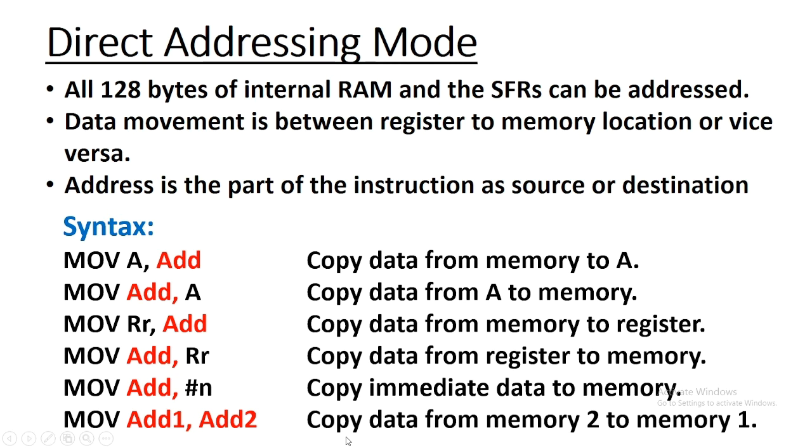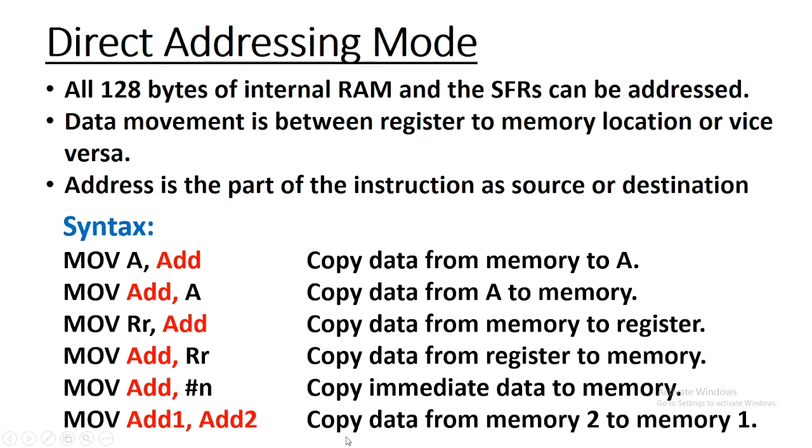Next instruction is MOV address, A. The content of the accumulator would be copied into that memory location. Third is MOV register, address. The content of the memory location whose address is directly specified in the instruction would be copied into the specified register, and vice versa happens in the next instruction, which is MOV address, R.